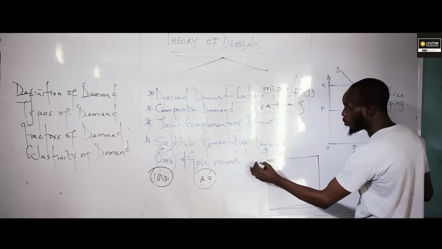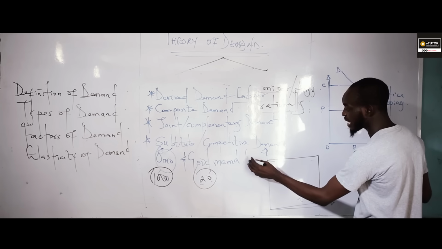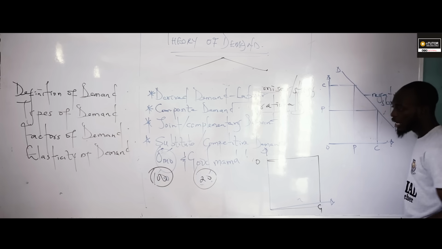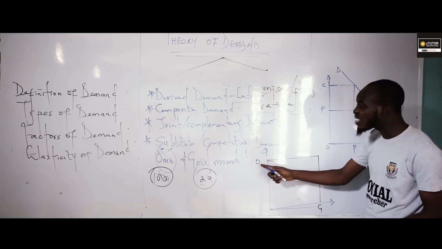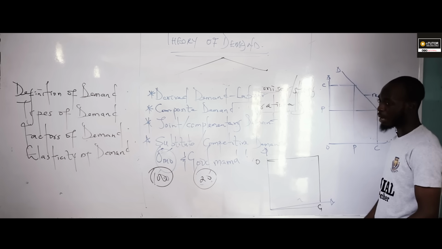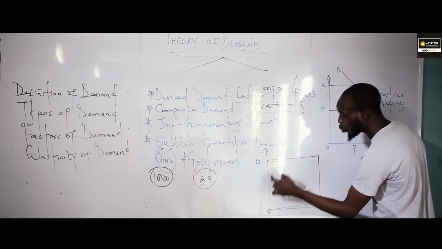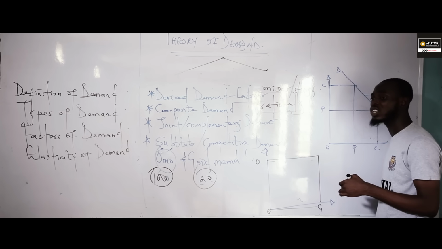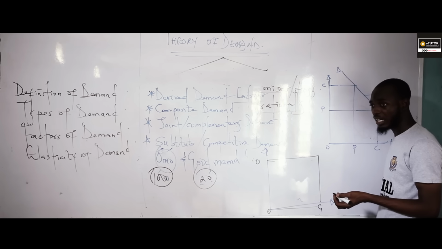This is our Omo, let's represent it with O. This is our Good Mama. If there's an increase in price of Omo, there will be an increase in demand of Good Mama. And I told you whenever the y-axis is tangential with the x-axis, the point of origin is always 0.